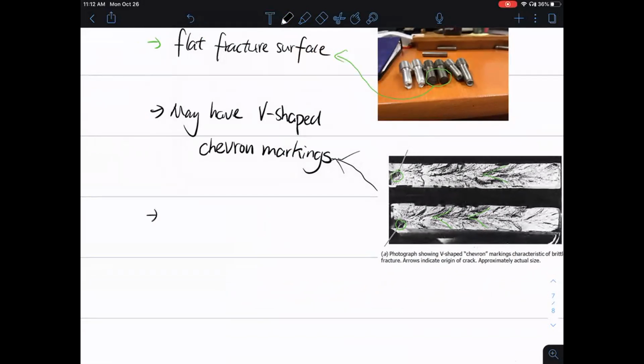And there are other types of fracture surface under brittle fracture.